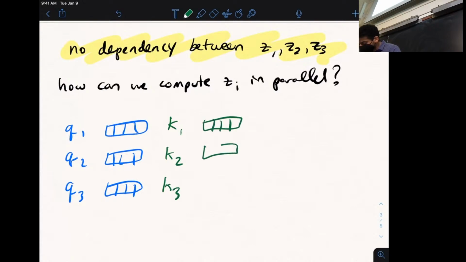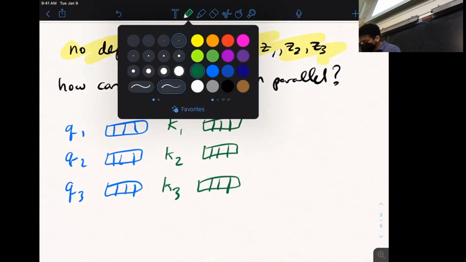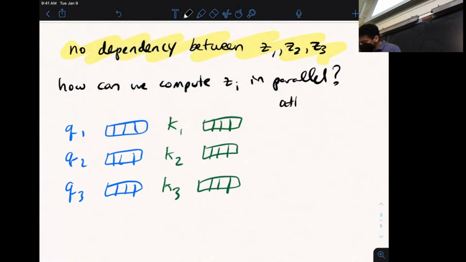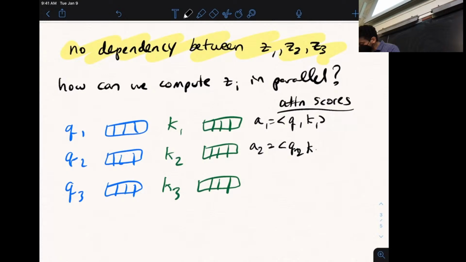We'll just write out the attention computations again. So our attention scores are here: just Q1, K1. Maybe we'll call them A. A2 is Q2, K1, Q2, K2, A3, Q3, K1.